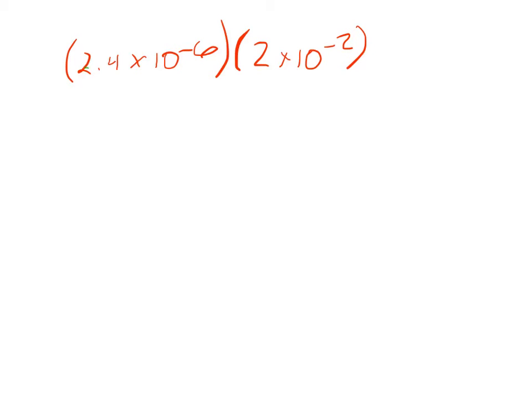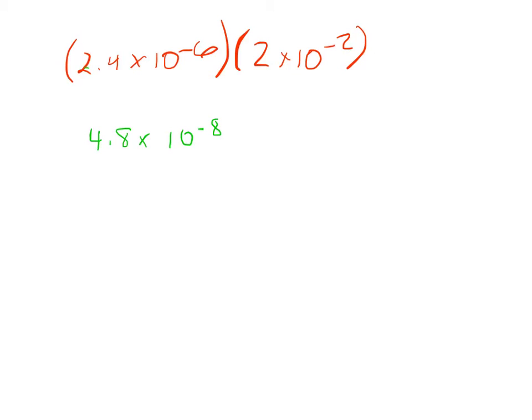So again here we go, 2.4 times 2, that'll be 4.8. 10 to the negative 6 plus negative 2 will be a negative 8. So 10 to the negative 8. So that's going to be our answer there. And then it says perform each and express the result in scientific notation. So we see that they've done that there.